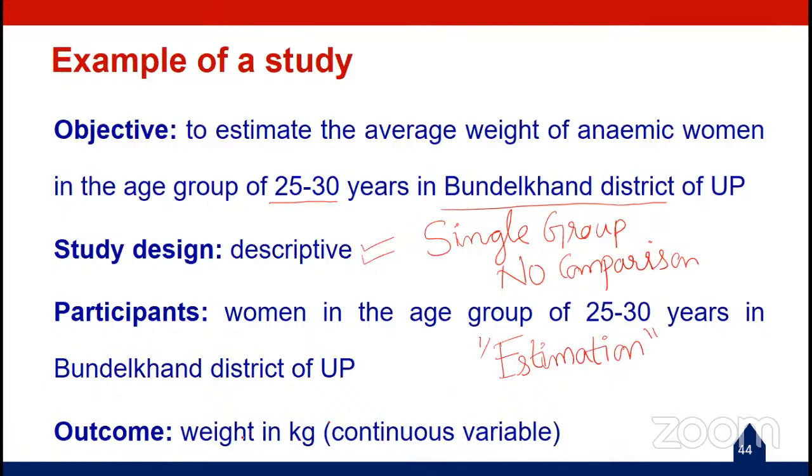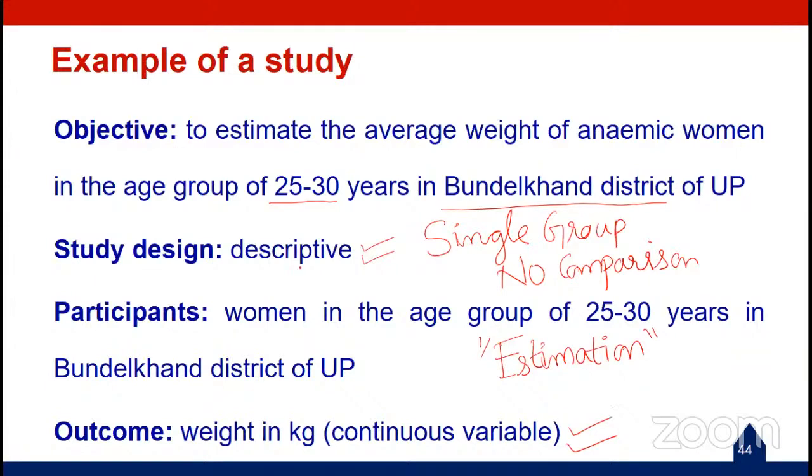And you can note that the outcome variable is a continuous variable. It is weight. Weight is a continuous variable. So we need to compute the sample size for this particular study.